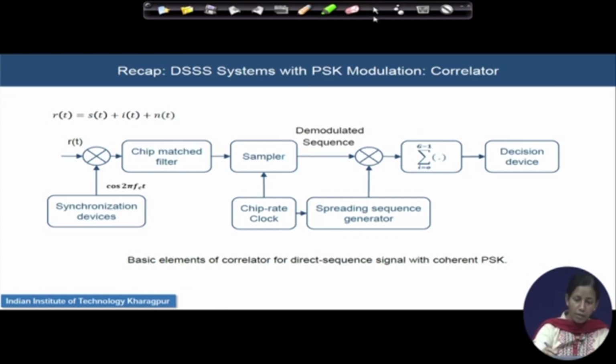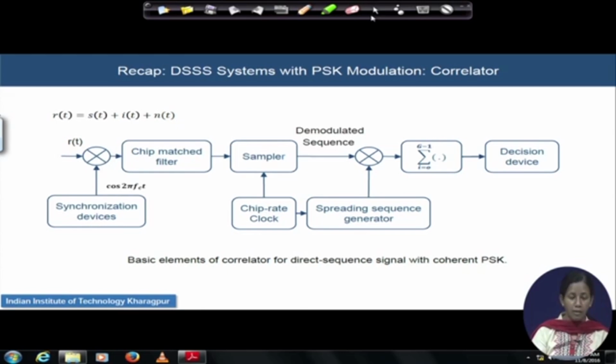Hope you will remember, I am repeating once again the block diagram architecture that we have learnt earlier for coherent PSK communication. r(t) was the received signal at the receiver front end. r(t) was modeled as the intended signal transmitted added with the interfering signal or the jamming signal, and a noise signal. So, this combined signal of intended signal clubbed with the interference as well as WGN noise has entered into the front end of the receiver.